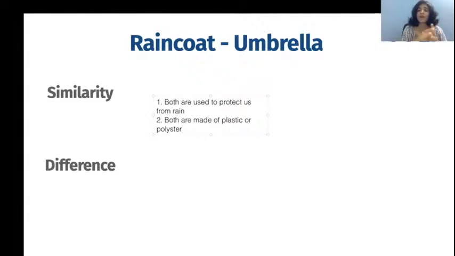Polyester. It's not just directly plastic. And we don't usually use rubber because, in case lightning falls on rubber, rubber is not a very bad conductor of electricity. So people prefer plastic for that reason.